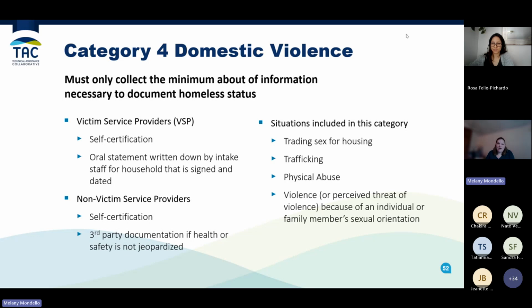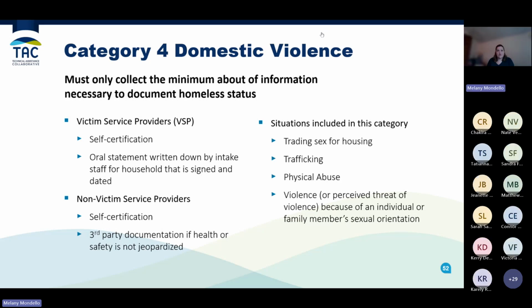So category 4, I was saying we went over this definition earlier, but the big thing about documenting for people in category 4 is making sure that you're not putting them in harm's way by helping them qualify for housing to get out of harm's way.